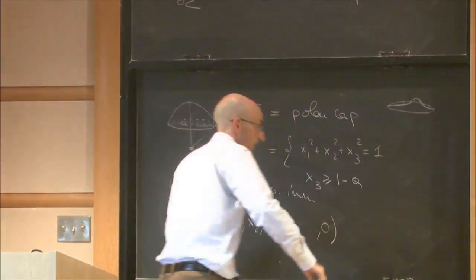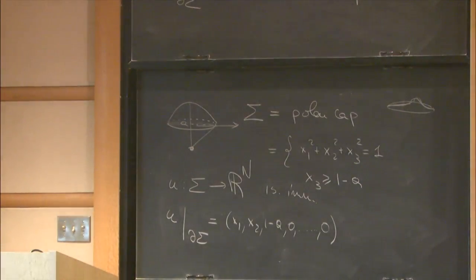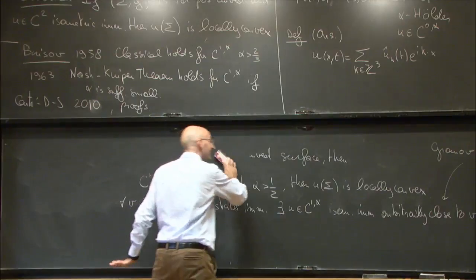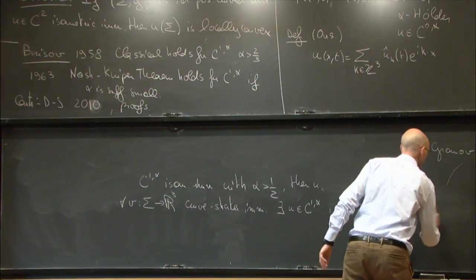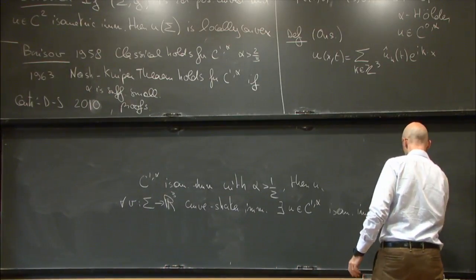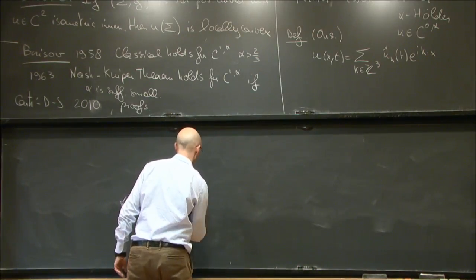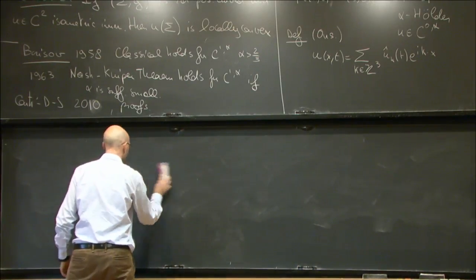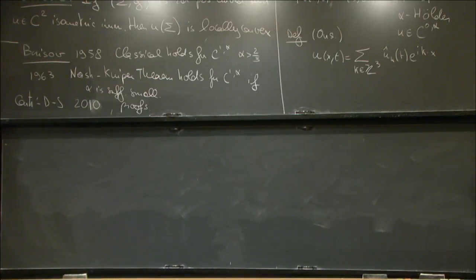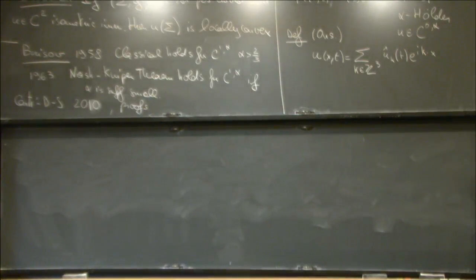So, and now here's the theorem. If you try to solve this problem in any codimension, and you have C1 1/2 plus epsilon, then the same constraint that you find for smooth solutions by using this geodesic curvature argument is correct for the C1 1/2 plus epsilon immersions.